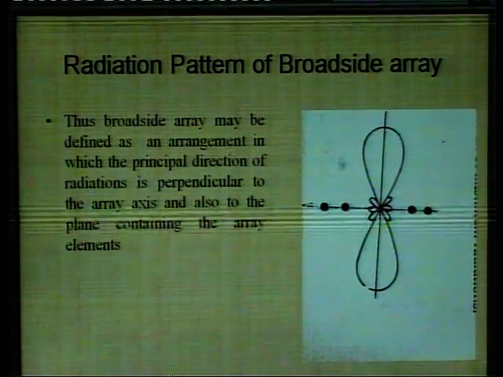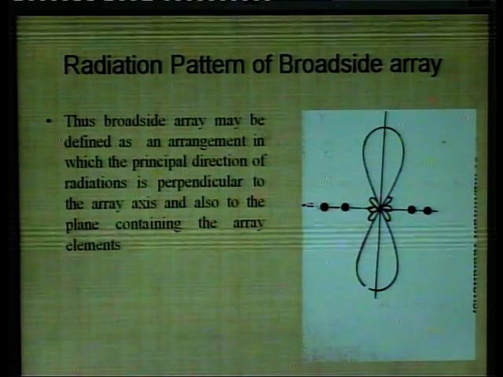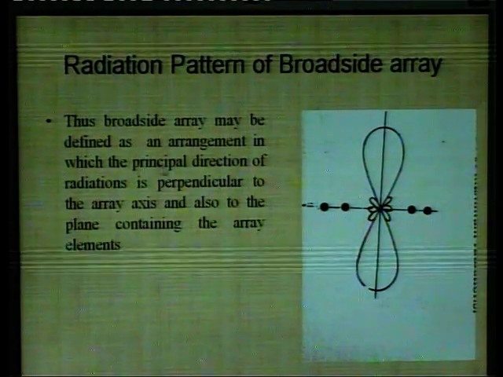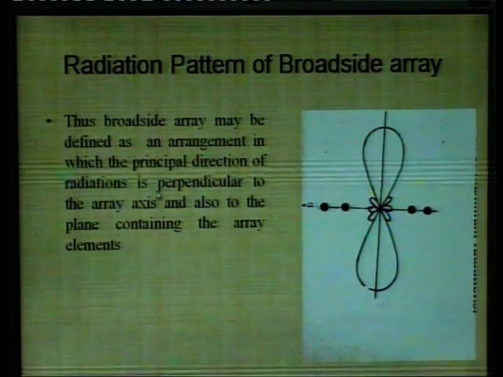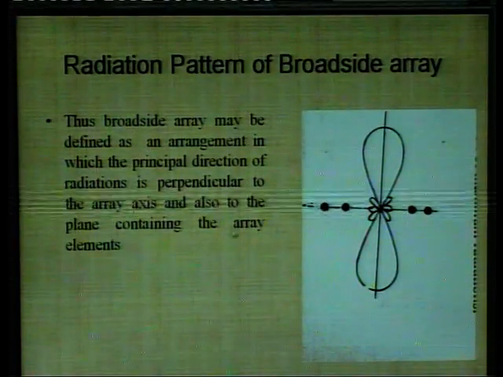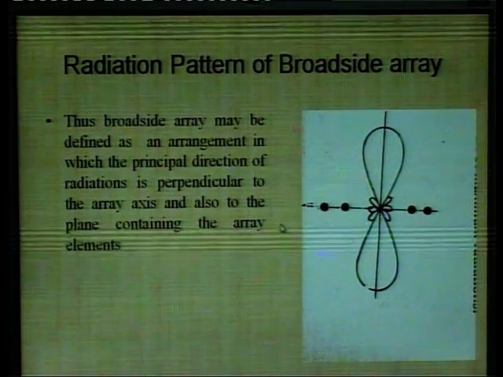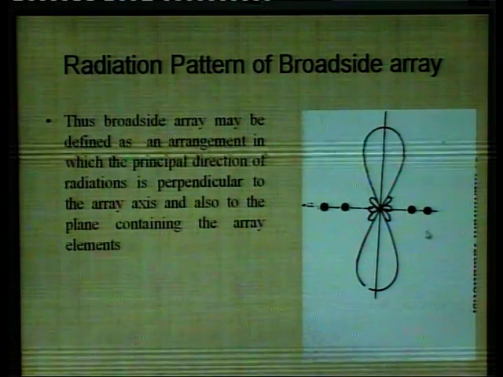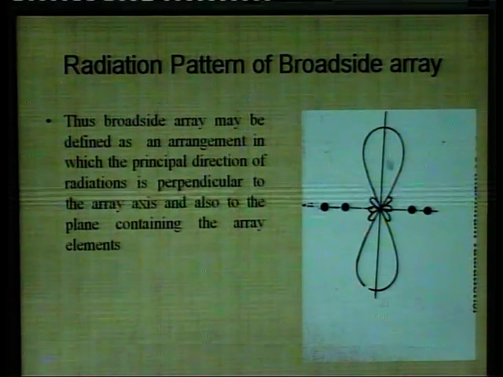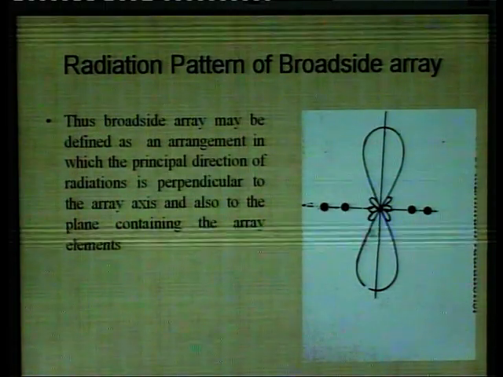So this is the radiation pattern of the broadside array. Thus the broadside array may be defined as an arrangement in which the principal direction of radiation is perpendicular to the array axis, and also to the plane containing the antenna array. The axis passing through the maximum radiation of the major lobe is called the principal axis.